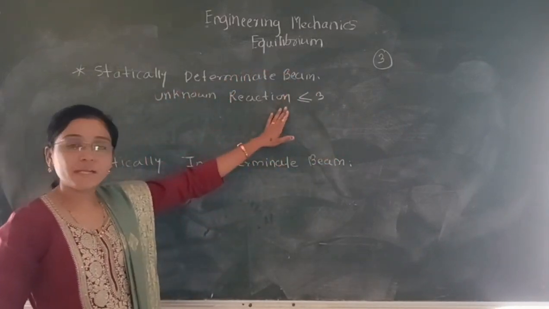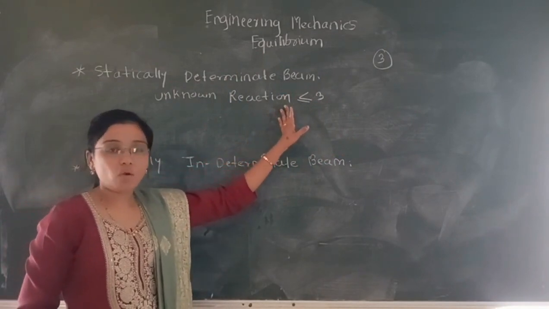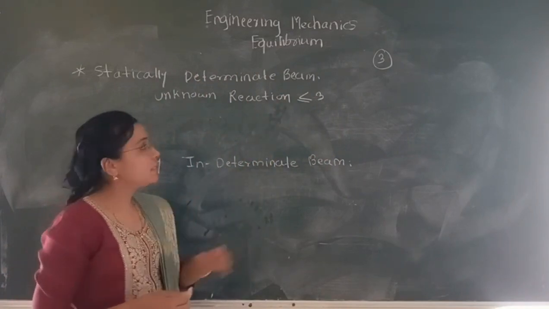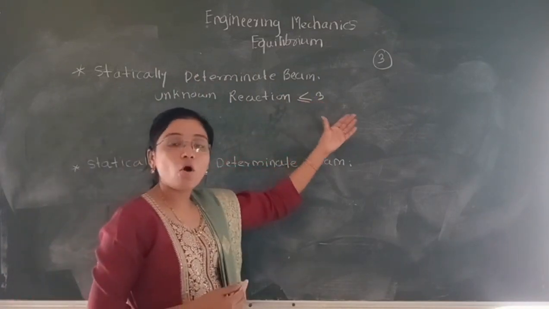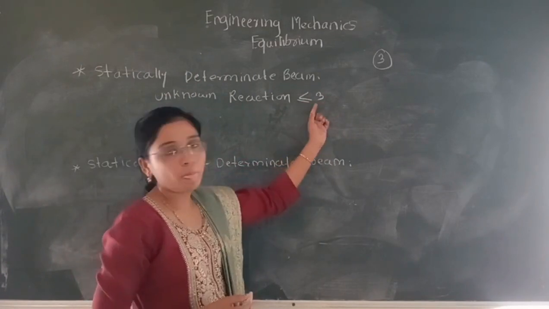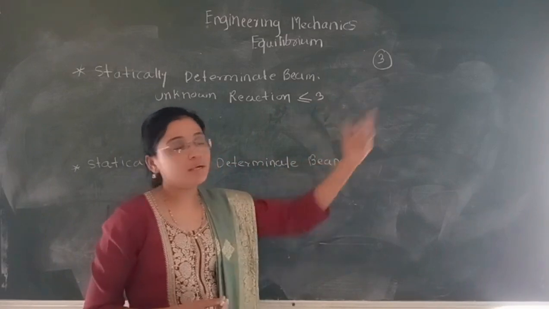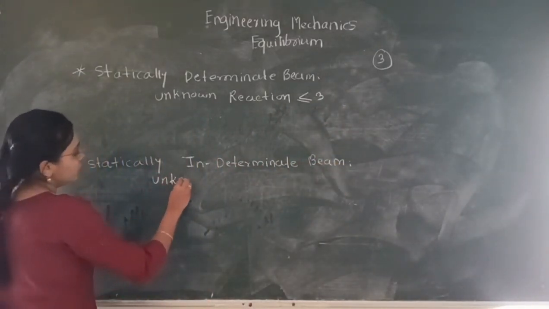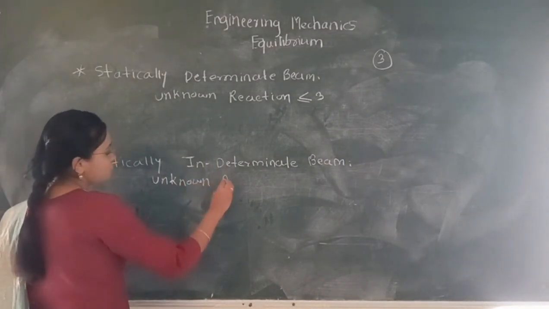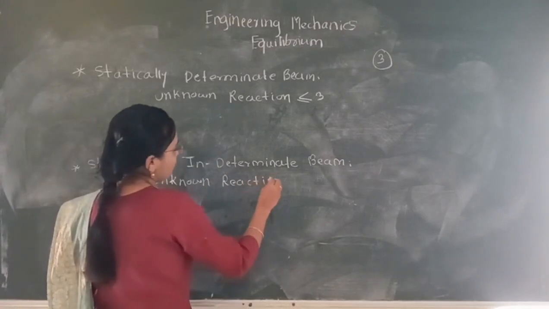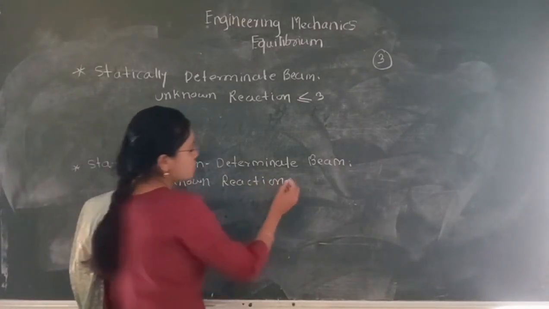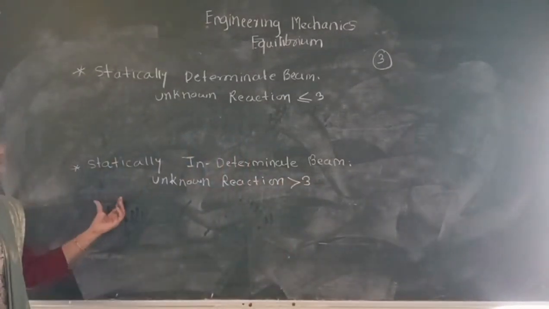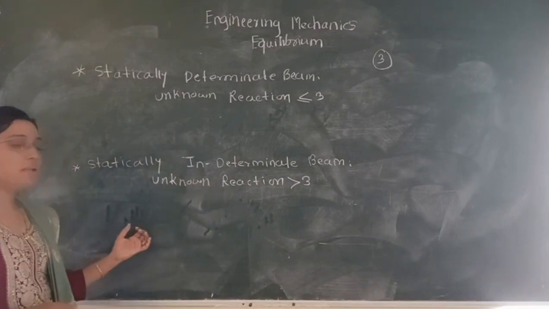A beam will be statically determinate if and only if the beam has the number of unknown reactions equal to 3 or less than 3. What is 3? The number of equilibrium conditions. Then if the number of unknown reactions is greater than 3, such a beam is called a statically indeterminate beam.